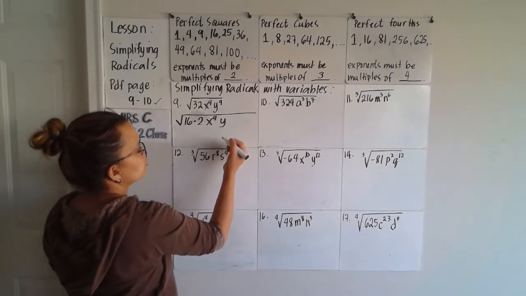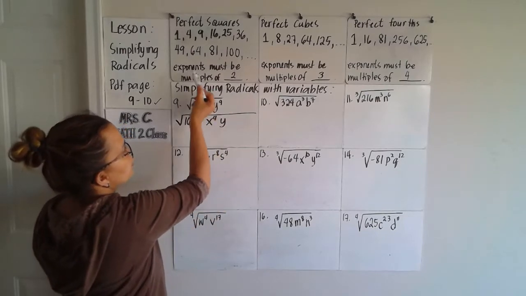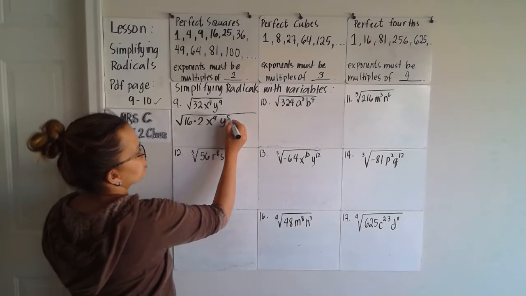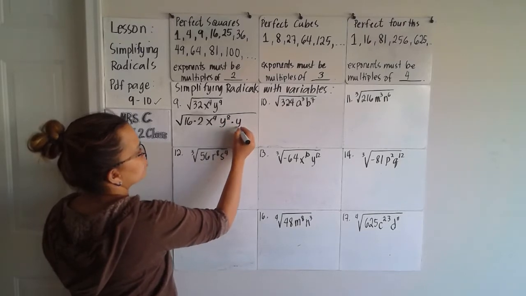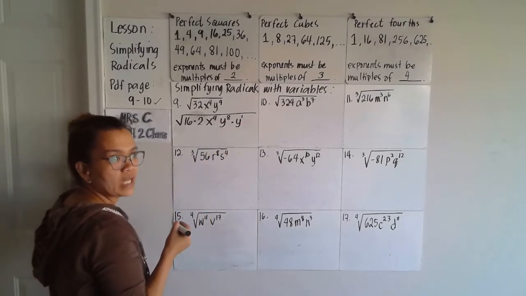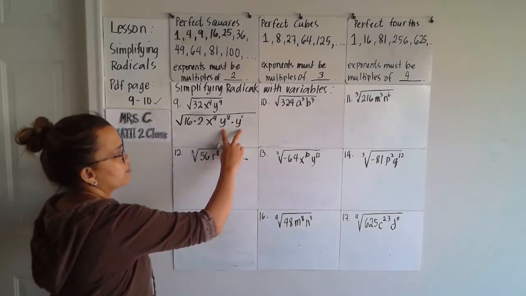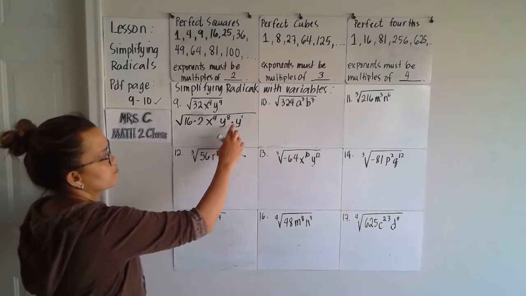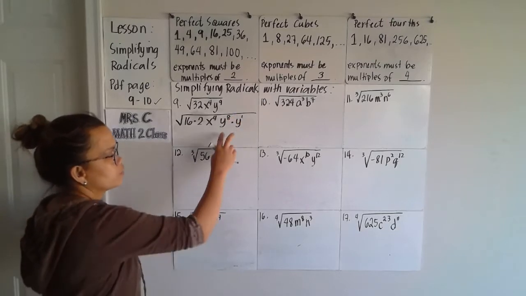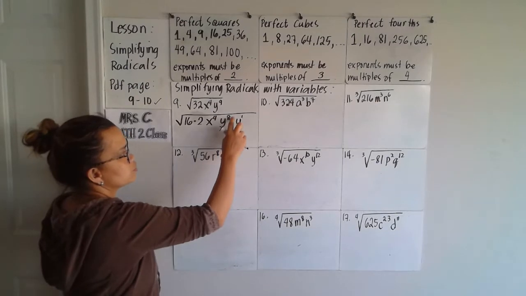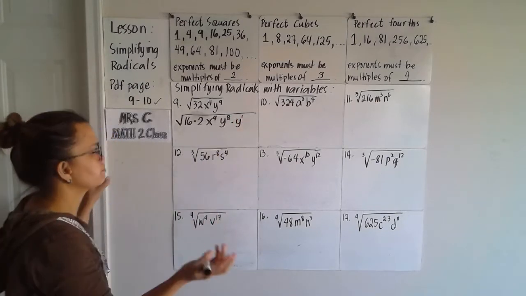As I said, your exponent must be multiples of 2. So I would say we have y to the 8th and y raised to 1. Again, exponent rule: if you are multiplying terms with the same base, you are just adding the exponents.